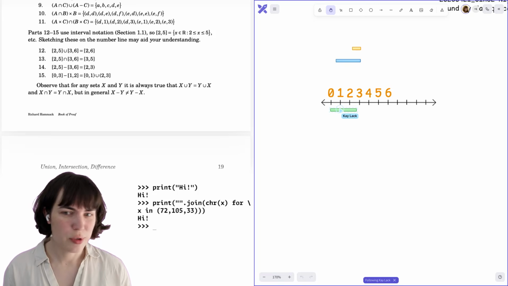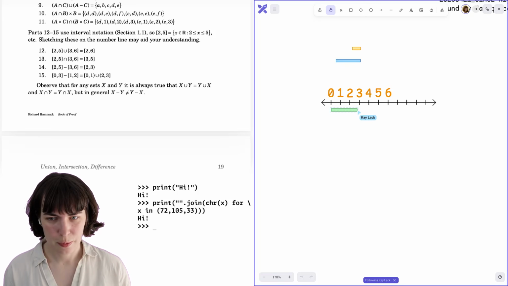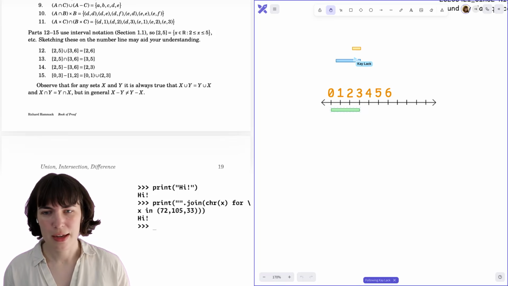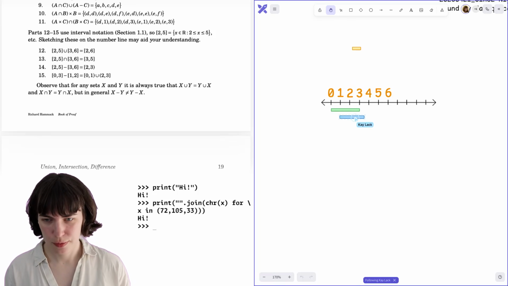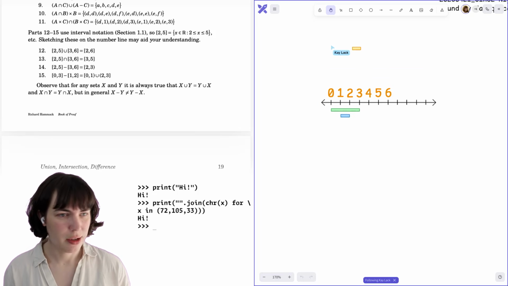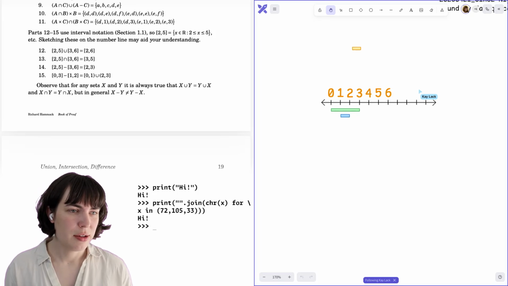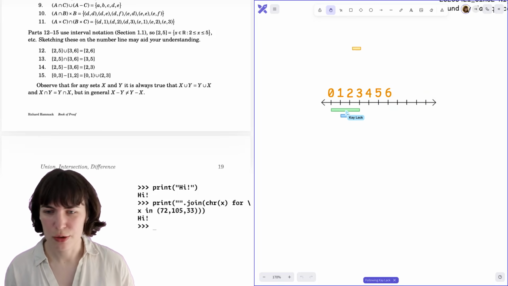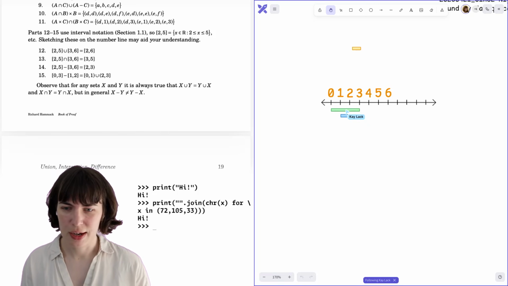Okay, so we're going from 0 to 3, and that's a closed interval, so we're including both. And then 1 to 2. And then we are taking the difference, which of course means we're going to have a hole.